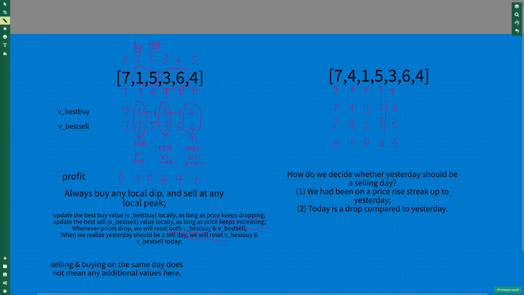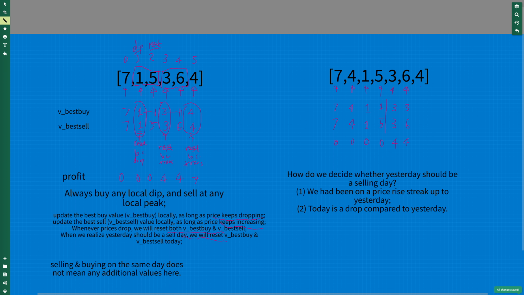And then we move on here, and we see there's a price rise, all right? The buy value doesn't change, but the sell value is increased, but we don't know if we're gonna sell it yet, so the profit stays at 4.